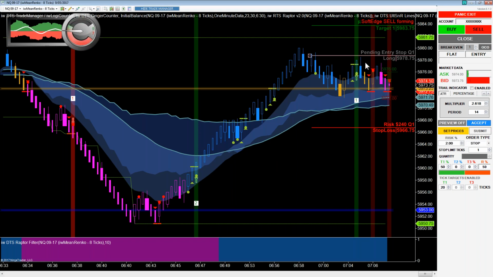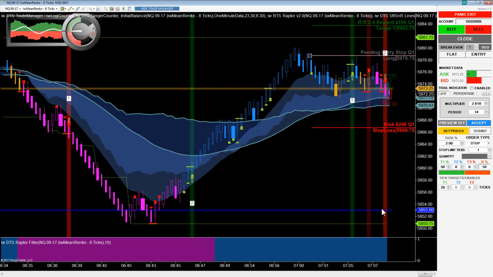This, by the way, no confirmation yet of the number 2 signal, so another attempt by the market to head lower. You can see the background highlights. There it is. There's the number 2 signal.